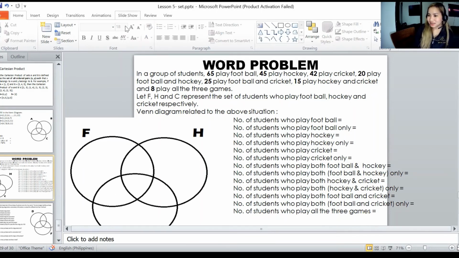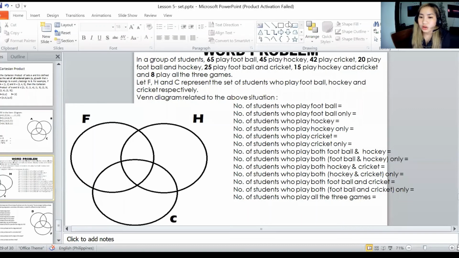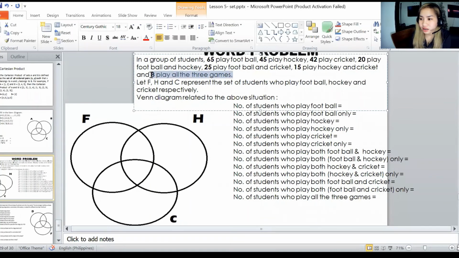Okay, so to solve this problem, kailangan natin mag-start sa pinaka-last na given, pataas. Ayun po yung pinaka-madaling way para ma-solve yung problem na to. So, ang sabi dyan is 8 play all the 3 games.